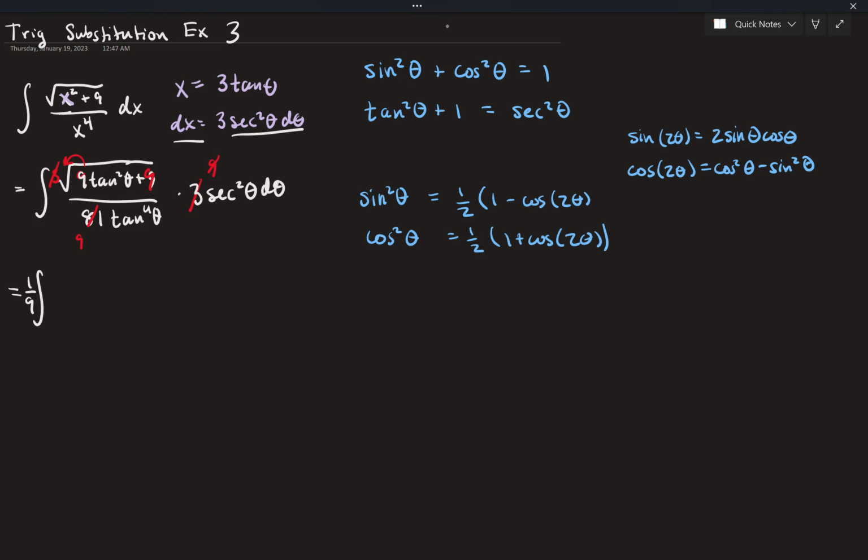I have the square root of, in fact I'll write it out, tangent squared theta plus 1 over tangent to the fourth theta times secant squared theta d theta. 1/9 integral, tan squared plus 1 is secant squared. Secant squared under the square root just turns into secant, and then I have 2 more of them there, so I've got 3 total.